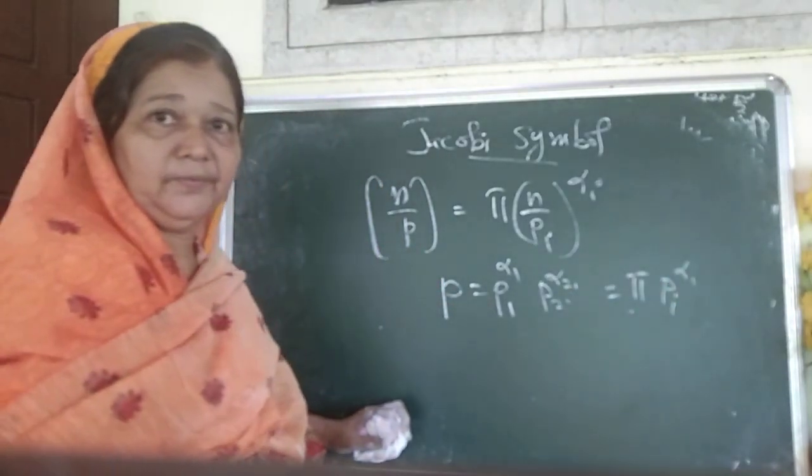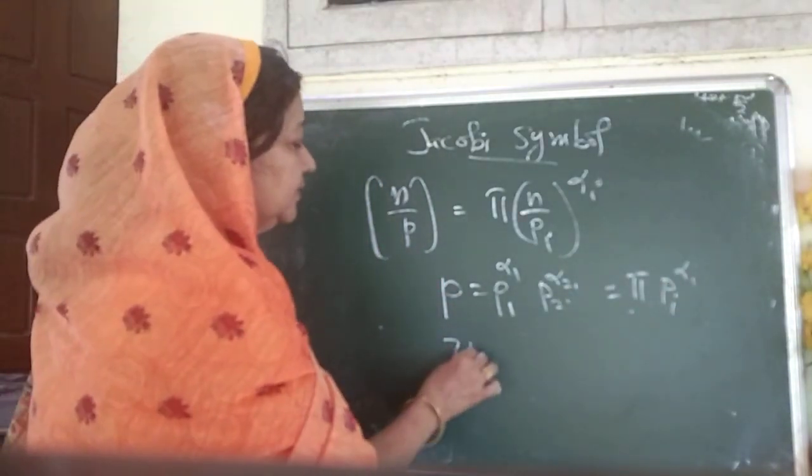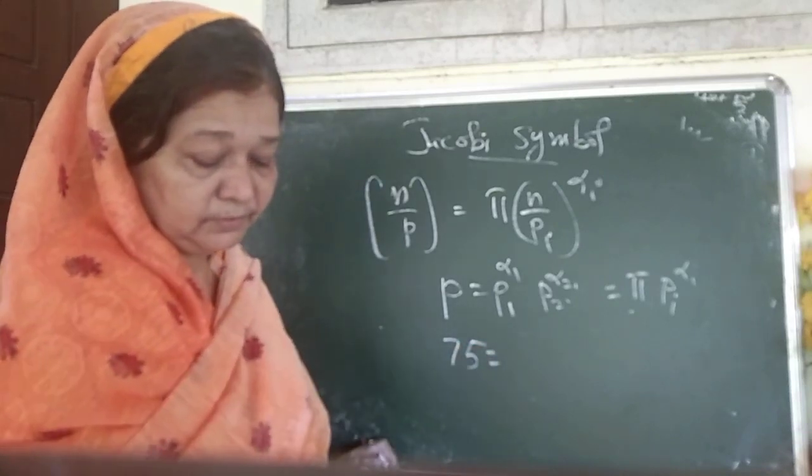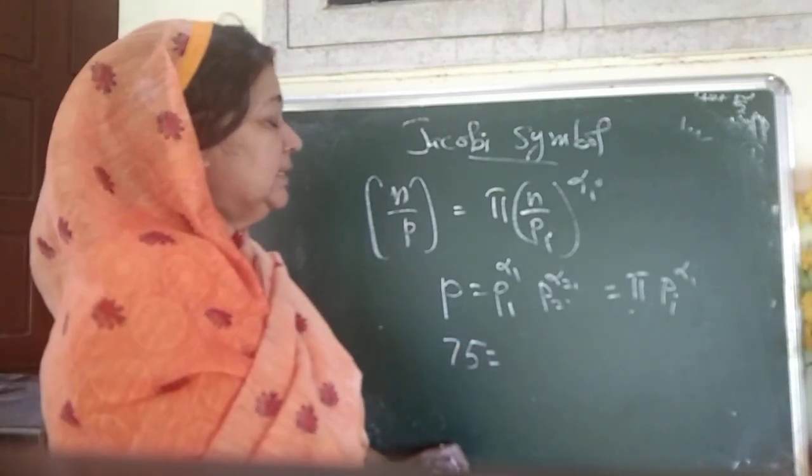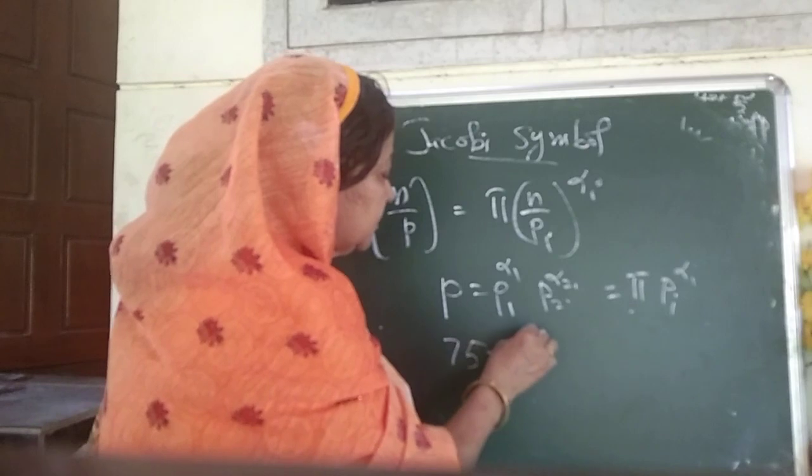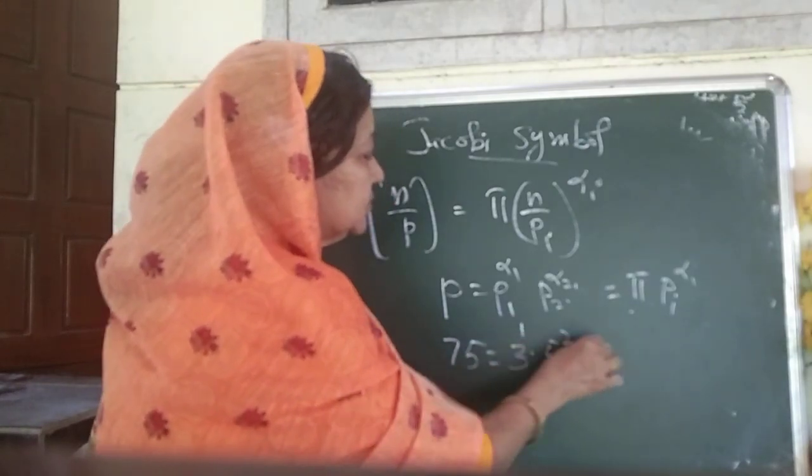For example, 75. 75 is equal to 3 raised to 1 into 5 raised to 2.